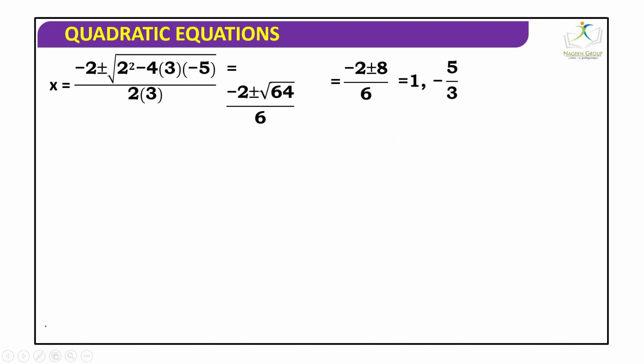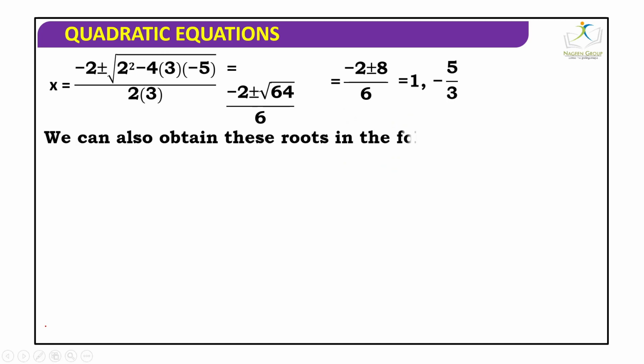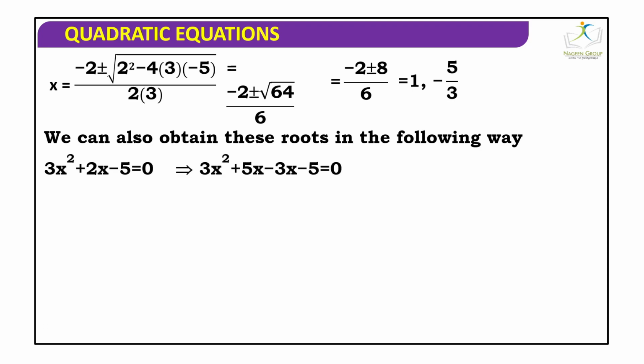Right students? The next is we can also obtain these roots in the following way. How? If we have this equation, we can use factorization. 3 fives are 15, right? The sum should come to 2 and the product should come to 15.